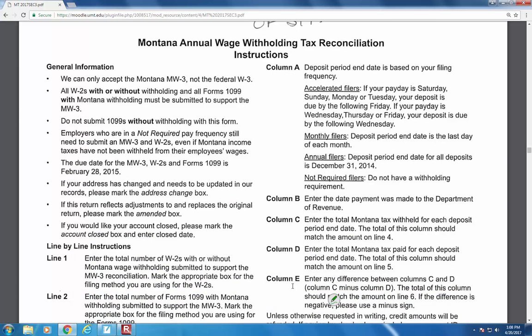And it tells you we can only accept the Montana MW3, not the federal one. And then all W-2s must be attached with the MW3. That's really the important stuff.